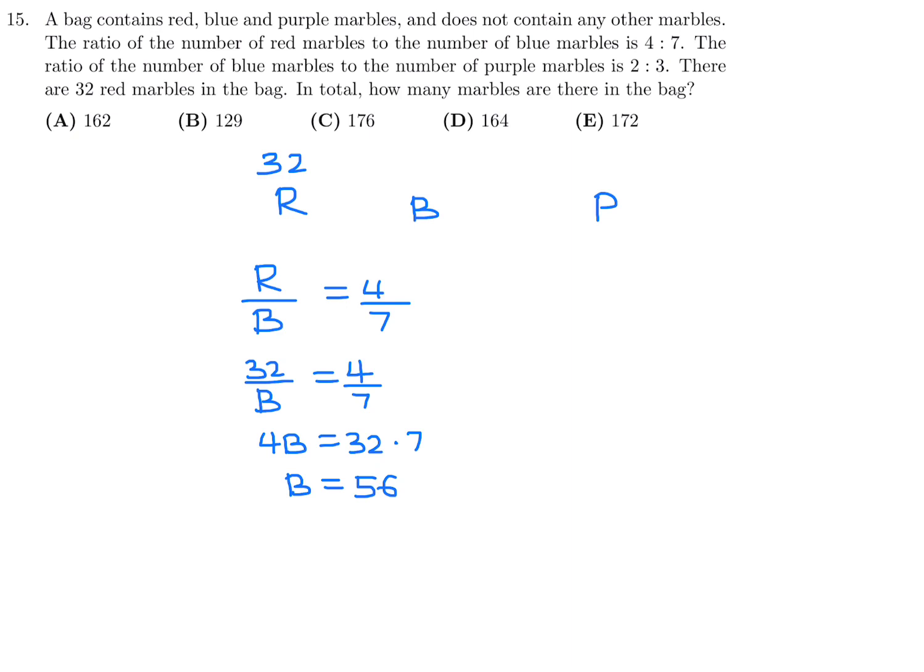And then with the next one, B over P is equal to 2 over 3. And therefore 56 over P is equal to 2 over 3. And therefore 2P is equal to 3 times 56. And solving, we get P is equal to 84.